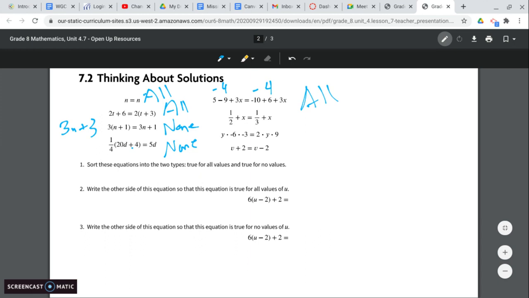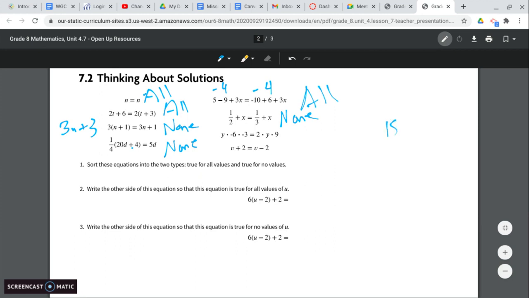The next one, 1/2 plus x equals 1/3 plus x. 1/2 and 1/3 are not the same, so it is none. All right, the next one, we have y times negative 6 times negative 3 equals 2 times y times 9. So in this one, we got to simplify what the coefficient would be on our variables. So negative 6 times negative 3 is positive 18.